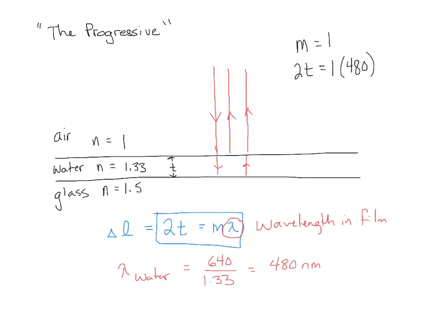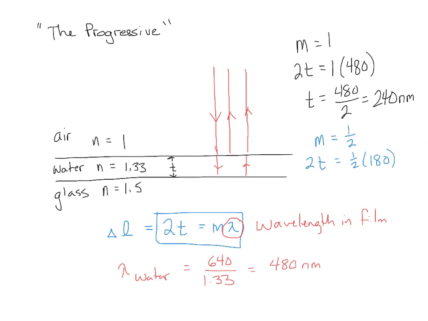And so what we would see is that our thickness would have to be half a wavelength, 480 over 2, or 240 nanometers. You could find other thicknesses for constructive interference by using m equals 2, m equals 3, m equals 4, etc. But let's say we want to find out about destructive interference.